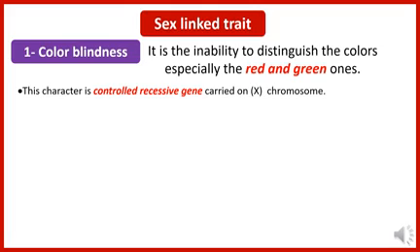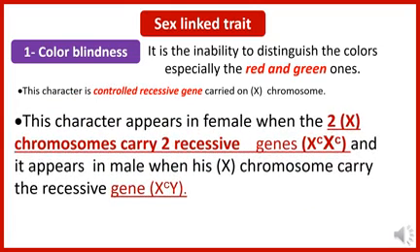So in order for this trait to appear in the female, she must have the 2 recessive genes, one on each of her X chromosomes, as we can see here, X that carries C small, X that carries C small. And it appears in the male when his X chromosome carries the recessive gene, as we see XY with C small carried on the X chromosome.